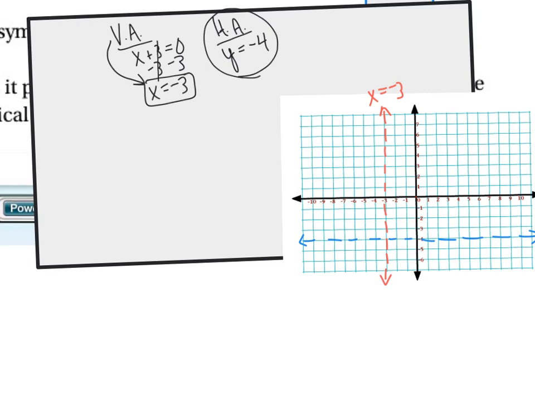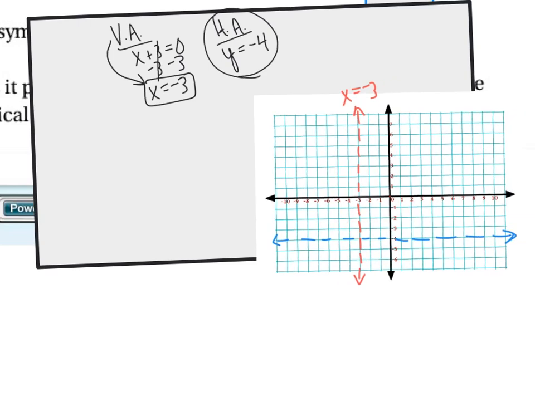So now what we want to do is just pick some x values on either side of that. And like I said, what I would do is pick 3 on each side. Picking numbers closer to it is usually going to work in your favor, where you may not have quite as big y values to deal with.